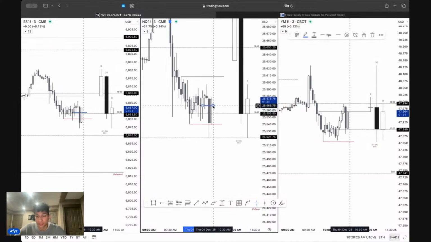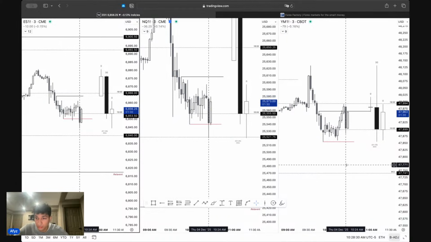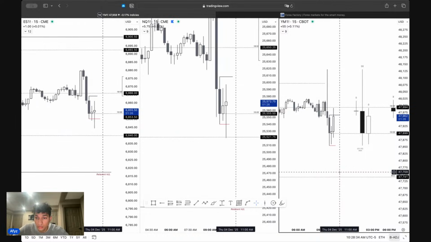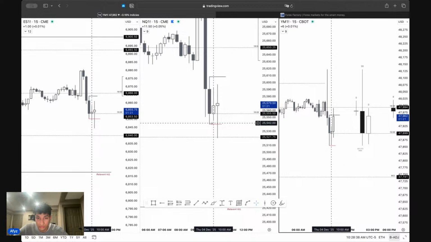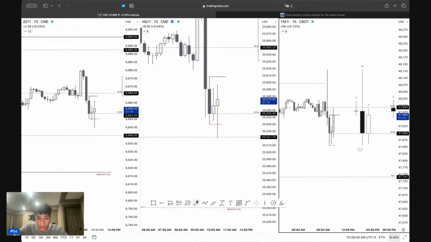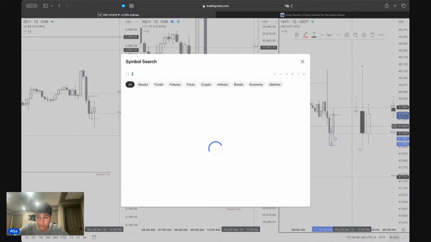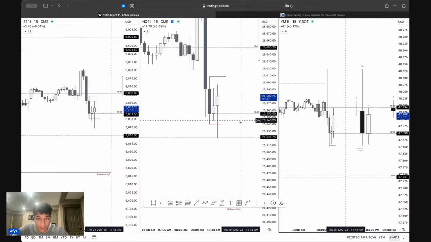Interesting, right? We take out this 4-hour low on NASDAQ. Look at this. Sweep this 4-hour low. Now we sweep out this previous candle low. I could look to get long here on the YM actually.